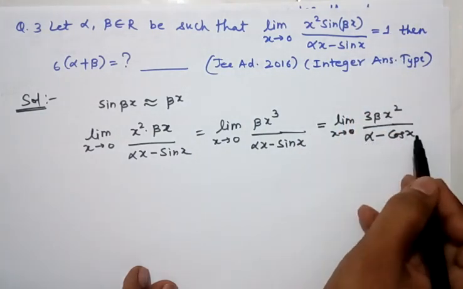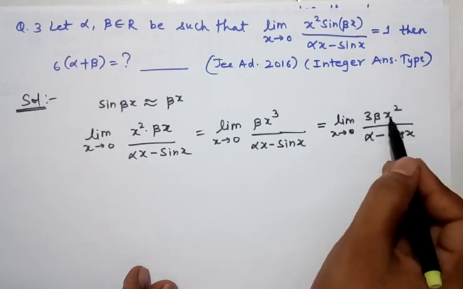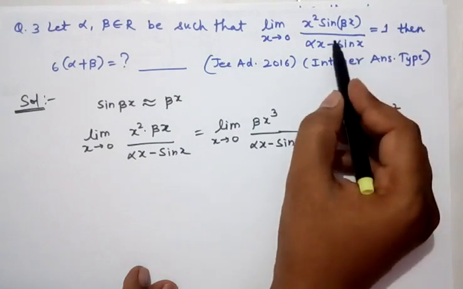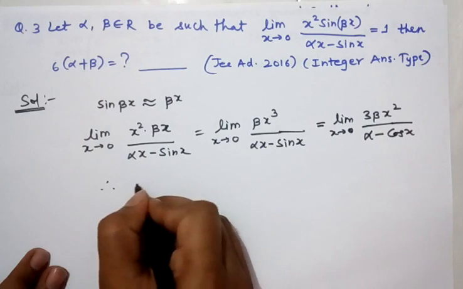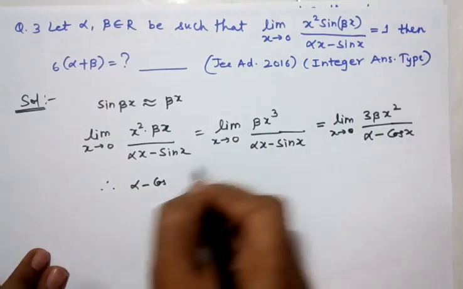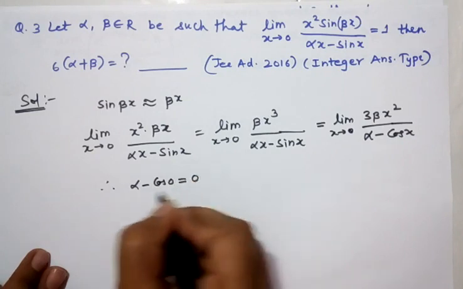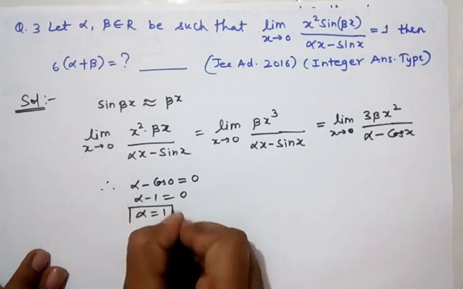If the denominator is not 0, then the whole limit value will take 0 value, because the numerator is tending to 0. But they already mentioned that the limit is 1, therefore alpha minus cos, instead of x you put 0, it should be 0. So we get alpha minus 1 is 0, alpha equals to 1.